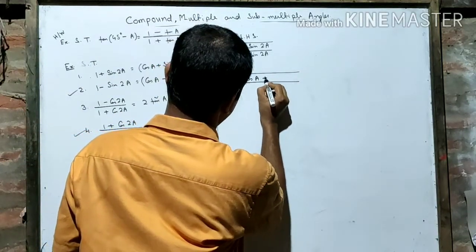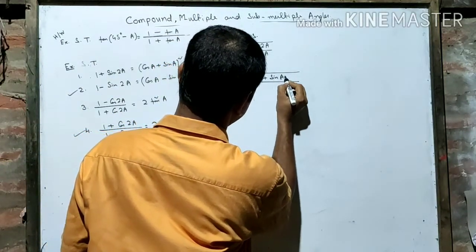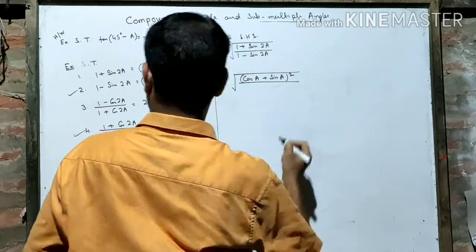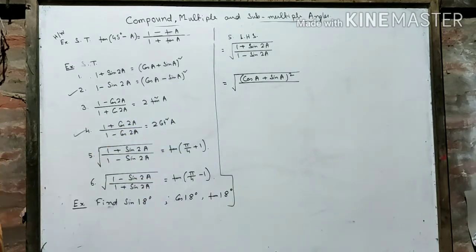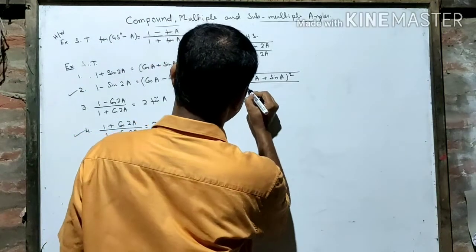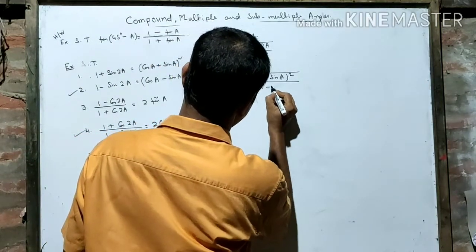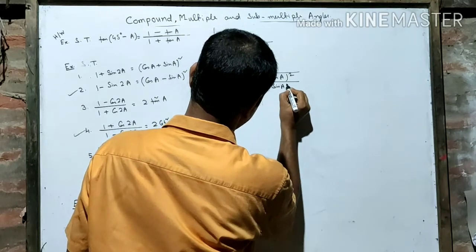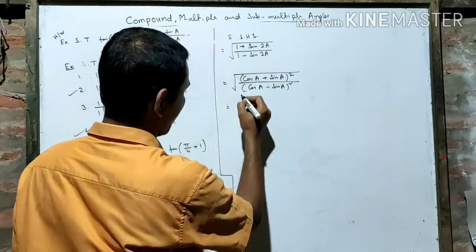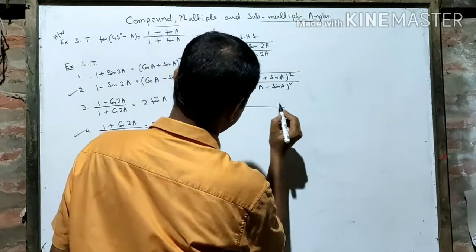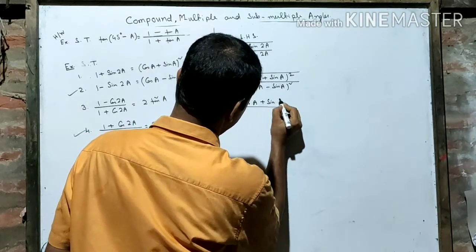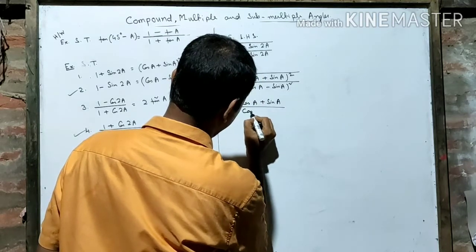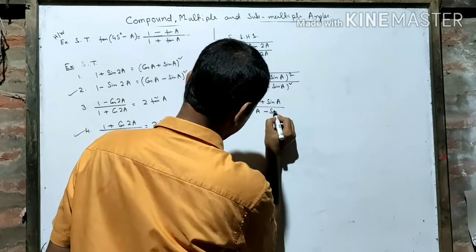So this is cos a plus sin a whole square. And 1 minus sin twice a is cos a minus sin a whole square. So we may write cos a minus sin a whole square. Okay. Square and square root gets cancelled, inverse functions. So cos a plus sin a divided by cos a minus sin a.